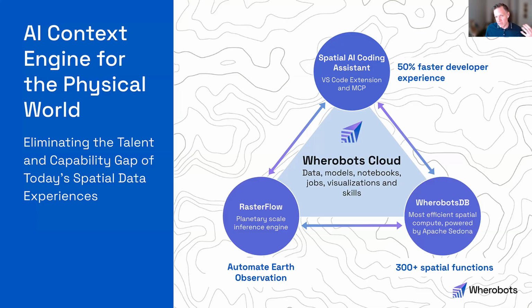That takes the form of our VS Code extension, our MCP server, and we'll have more capabilities coming out in this area very shortly to allow you as developers or agents themselves working with this data, working with these processing pipelines, to build out these applications.